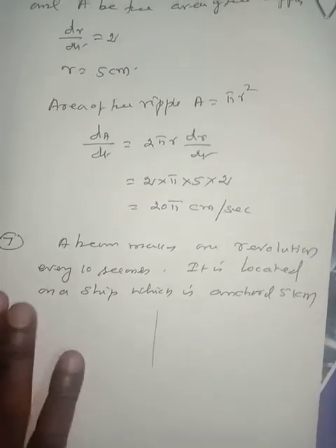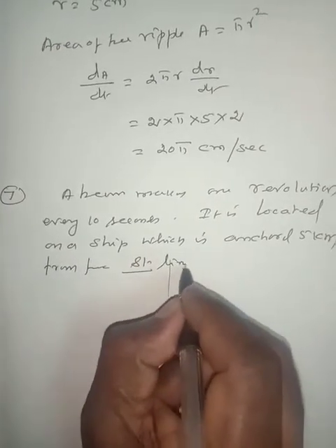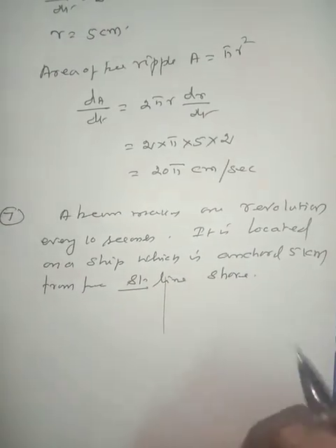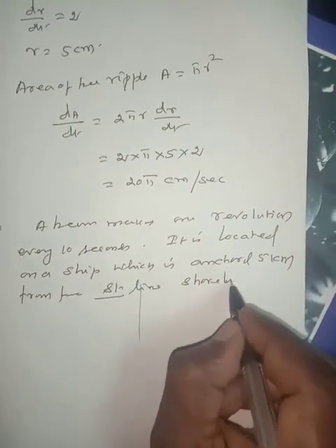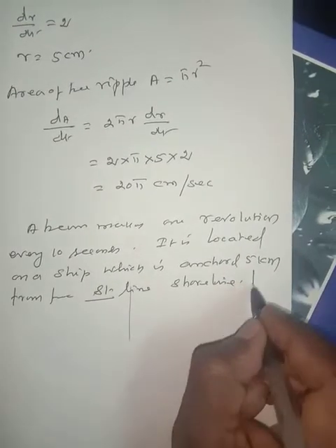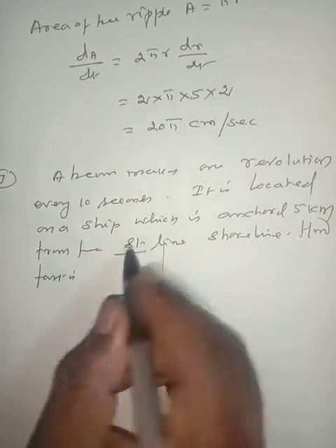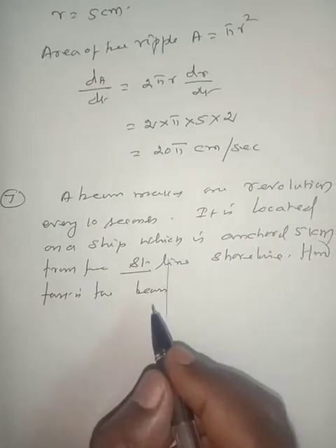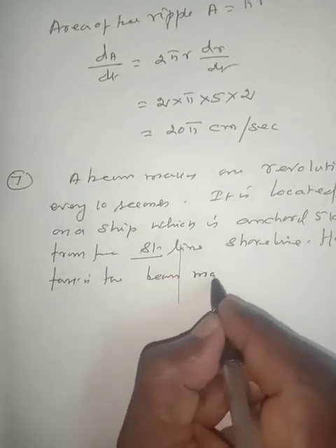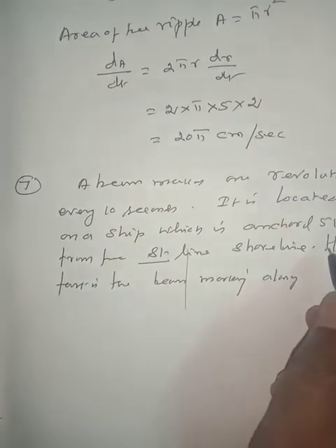From the straight line shore, 5 kilometer from the straight line shore. How fast is the beam marking along the shore line?